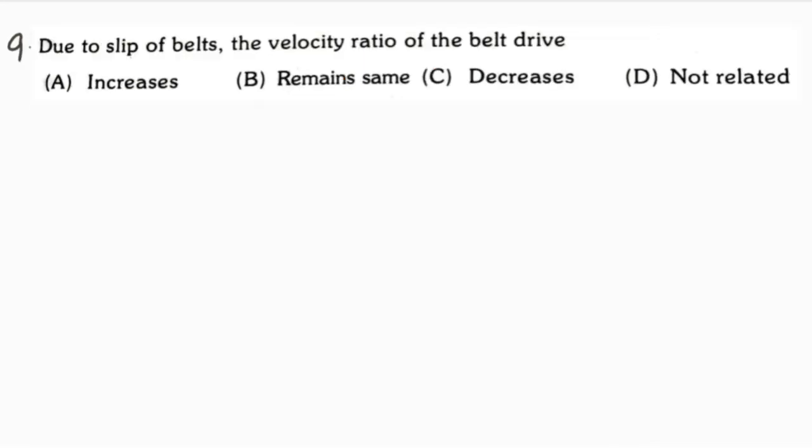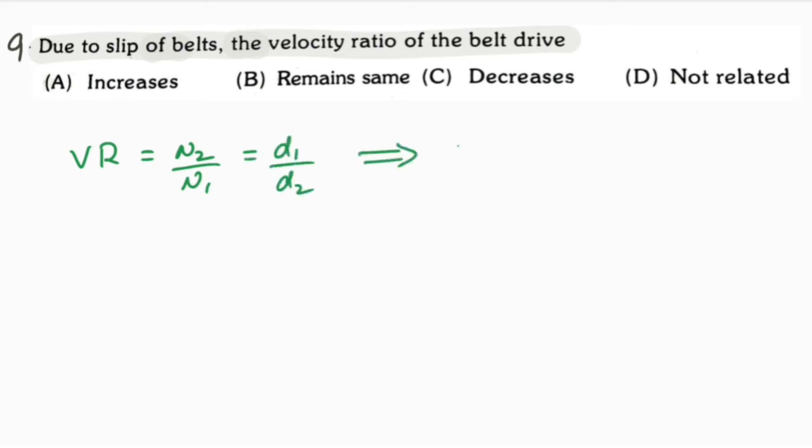Shall we take another problem? Yes. Look at the 9th problem. Due to slip of the belts, the velocity ratio of the belt drive will change. Definitely, once slip is considered, the velocity ratio decreases. Velocity ratio VR equals N2 by N1, which is equal to D1 by D2.